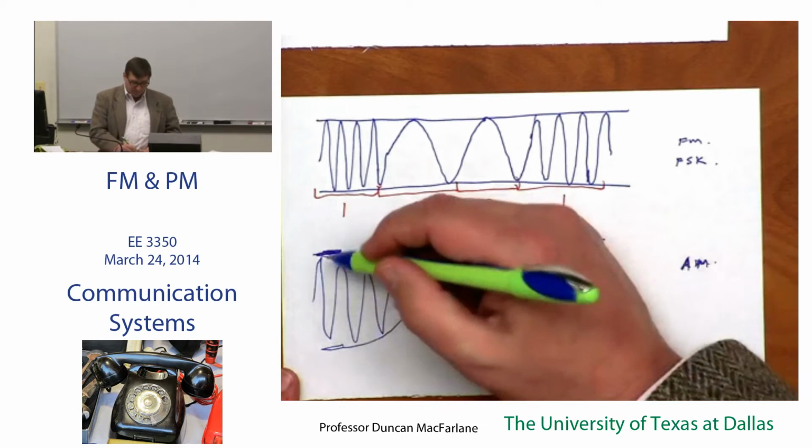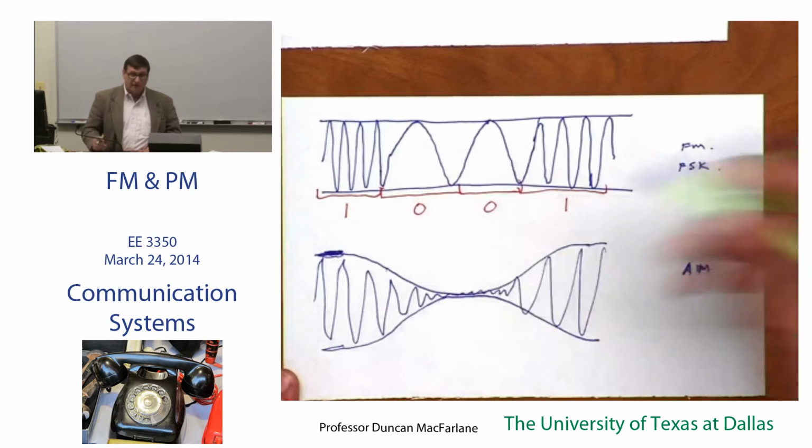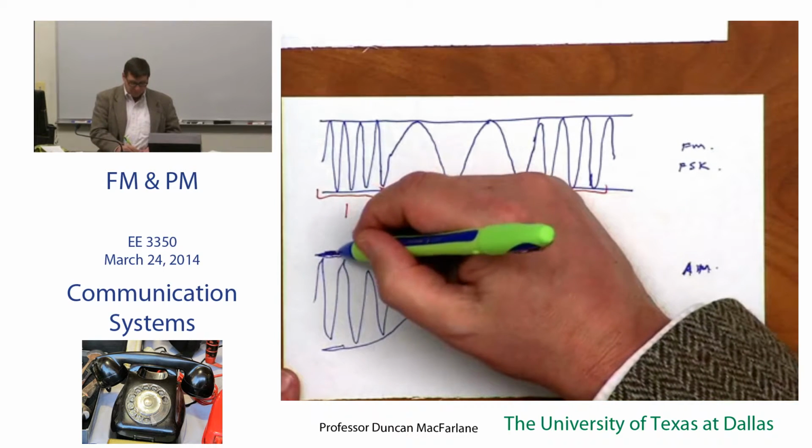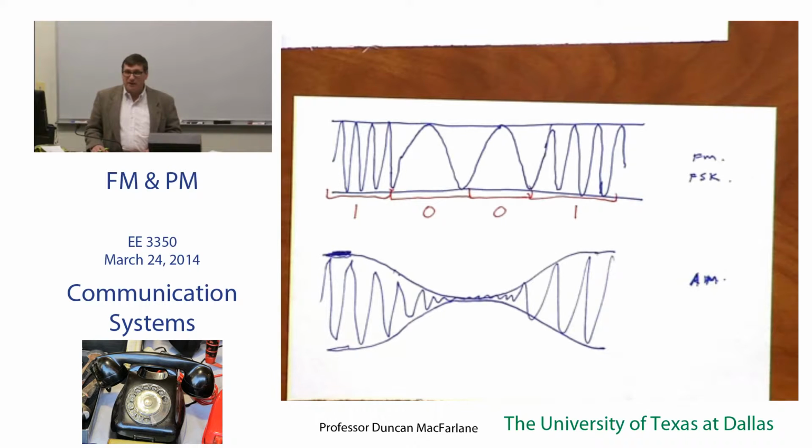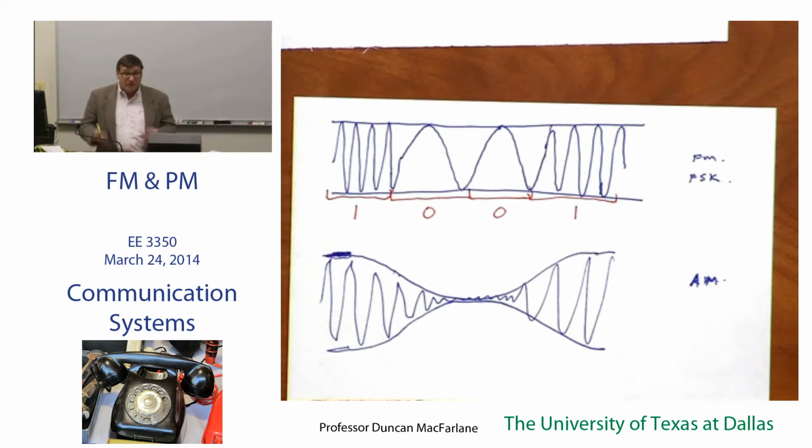The channel will behave differently here, here, and here, which means the distortion will be different here, here, and here, versus for the FM case, constant amplitude, constant channel. No such complexity. So there are some trade-offs of when to use one versus the other.